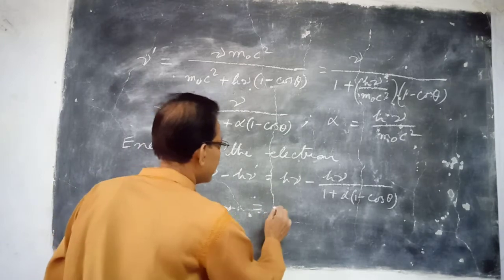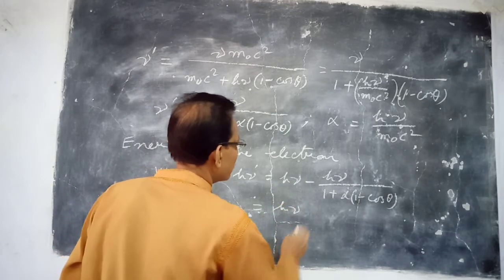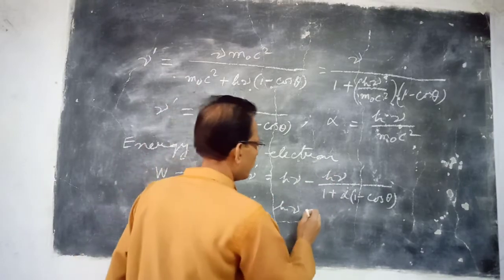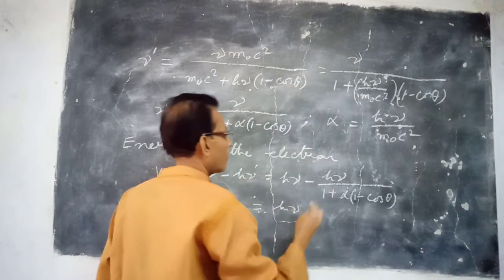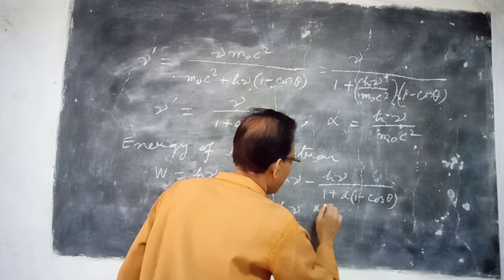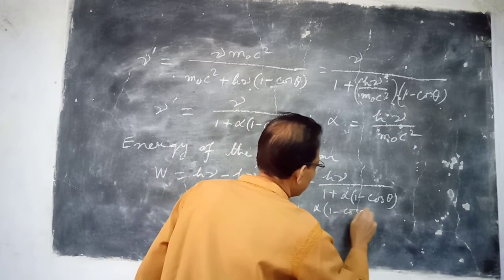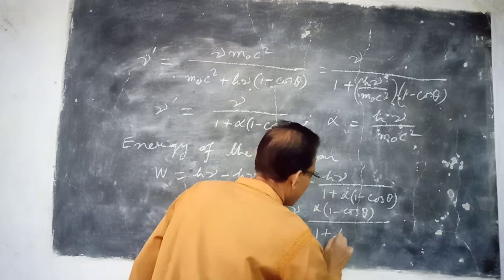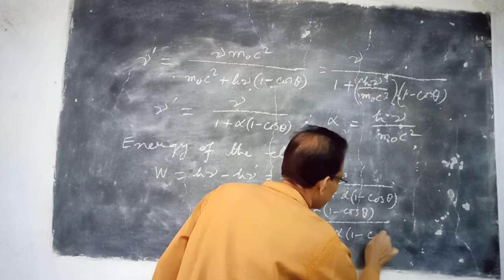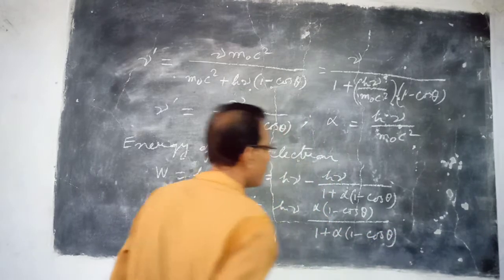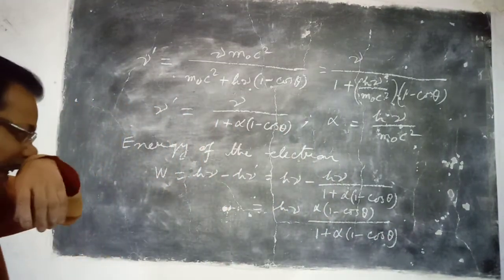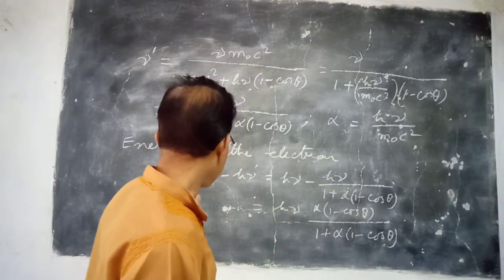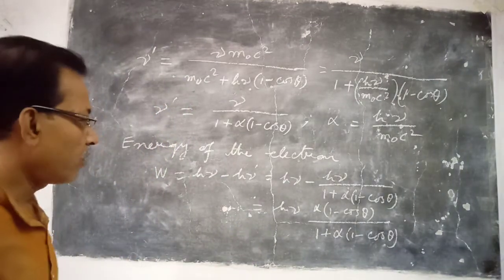If you take h nu common, then it is alpha into 1 minus cos theta divided by 1 plus alpha into 1 minus cos theta. So in terms of the initial frequency and the angle of scattering, one can find the energy of the recoil electron.